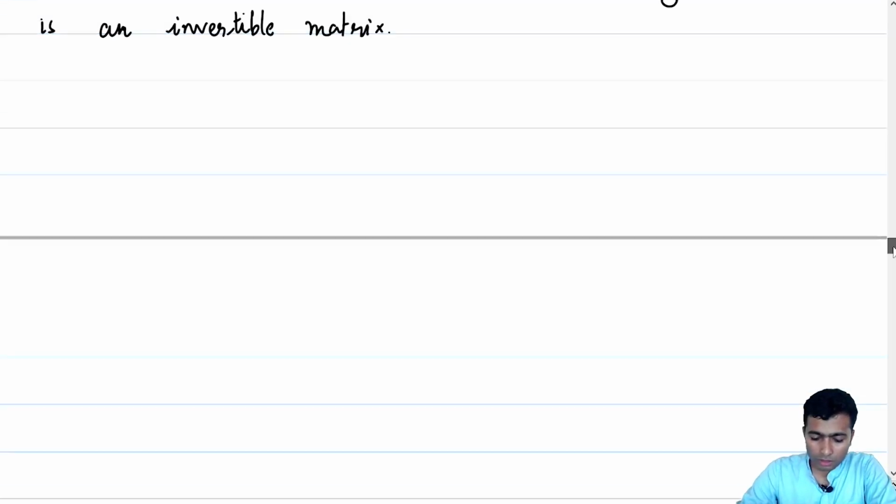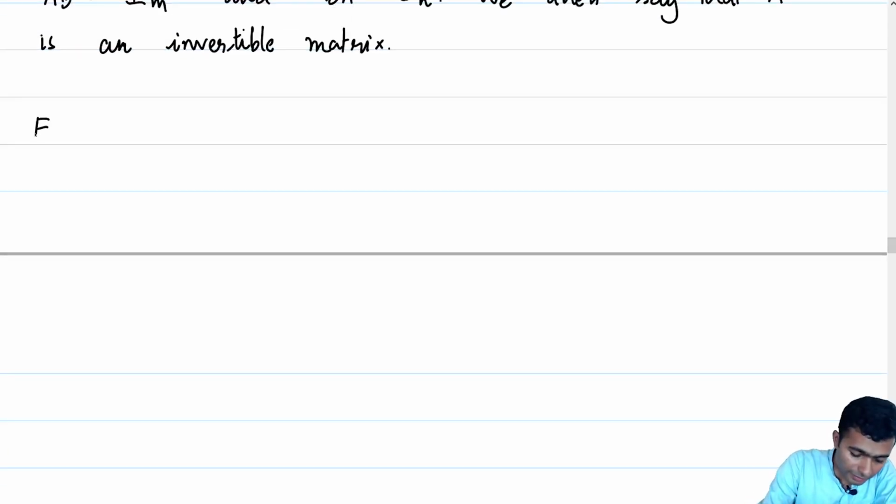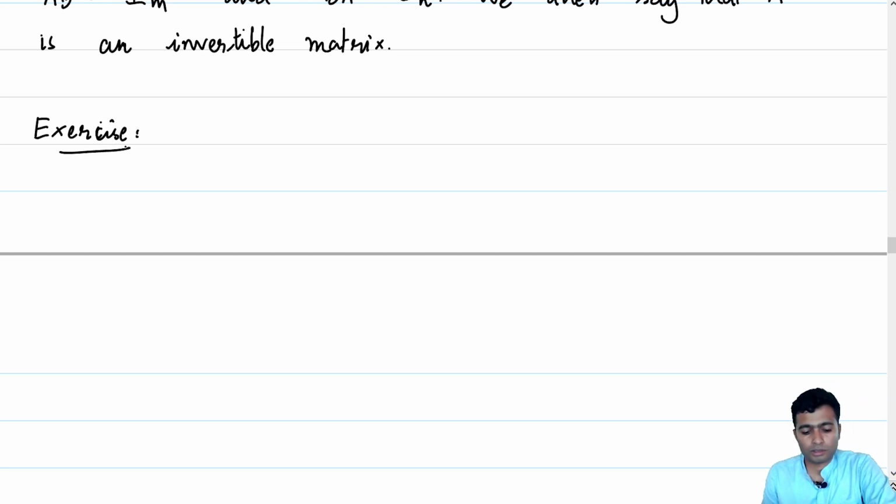An immediate exercise which will follow this is to prove that the matrix A has a unique inverse. The techniques to prove this have been developed and used many times. You should also use the theorem which was proved in the last video, wherein we showed that matrix multiplication is associative.